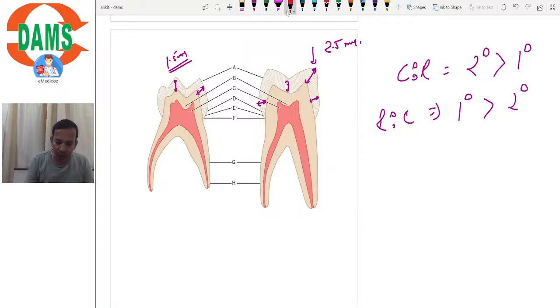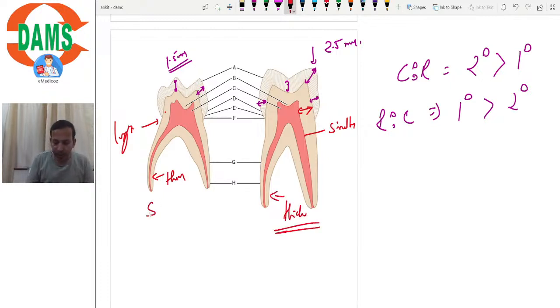The other thing that you would notice is the pulp is closer to the surface, whereas here the pulp is deeper. Here the pulp is smaller. Here the pulp is larger. The roots are thin. Here the roots appear thick. Here the roots appear slender. They appear thin. But in permanent, they would appear thick. They would appear shorter. So they are thick, but they appear short.